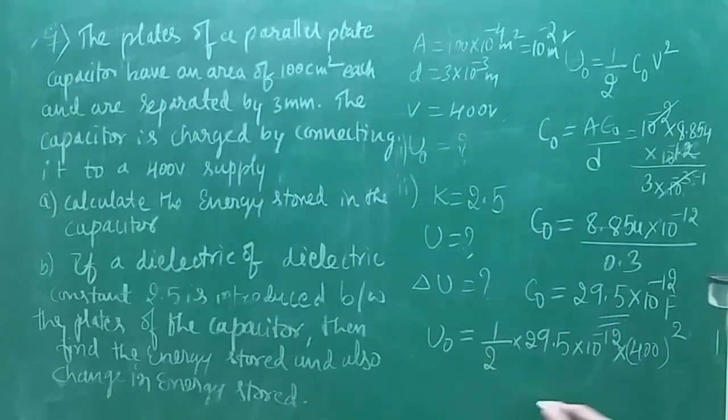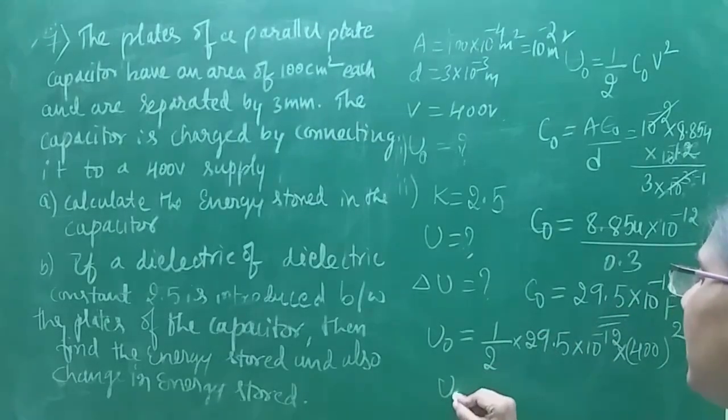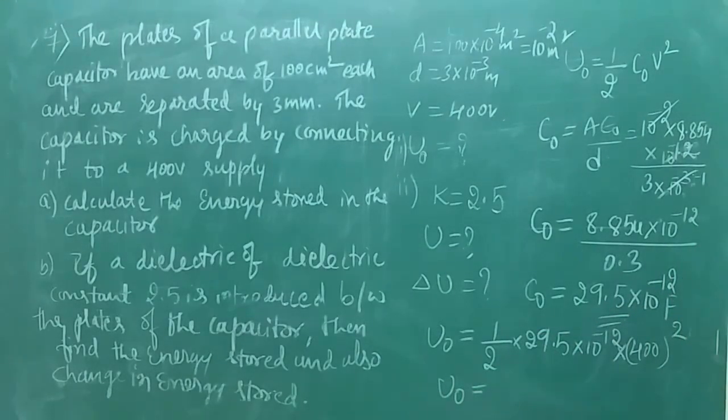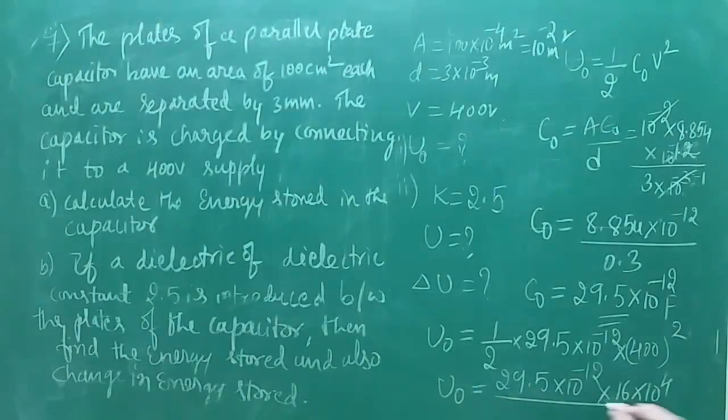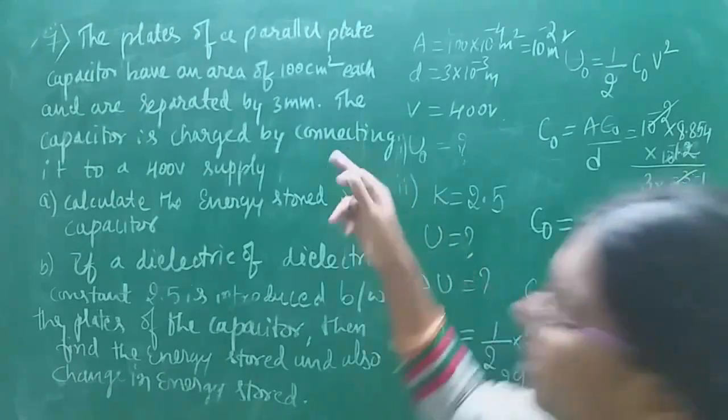If you simplify this value, 400 whole square can be written as 16 into 10 to the power of 4, divided by 2. 2 ones are 2, 10 power plus 4 and 10 power minus 4, remaining is minus 8. Okay, so I will write here.